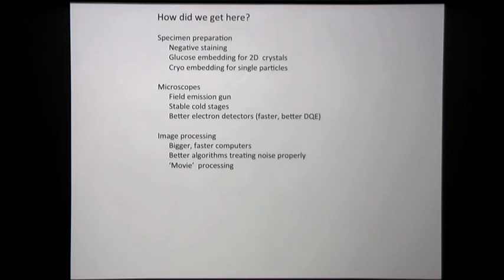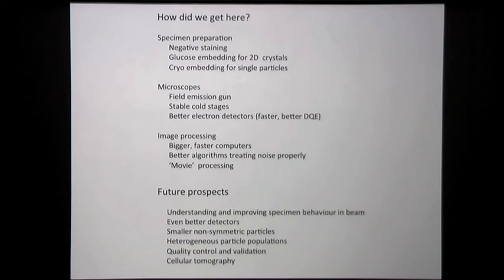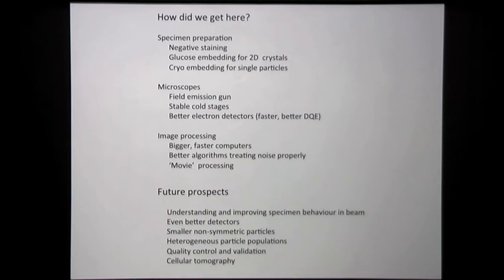George asked me to stick my neck out and look in my crystal ball. I'm not really going to do that. Some of these things are obvious. I think the key thing at the moment, the improvements have been so stunning that we're almost there. However, there are two things that stand in the way, and this is the key one: understanding and improving the specimen behavior in the beam.